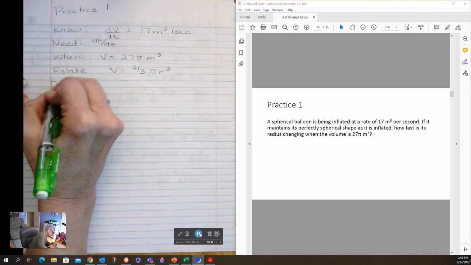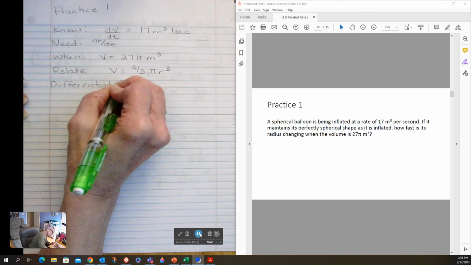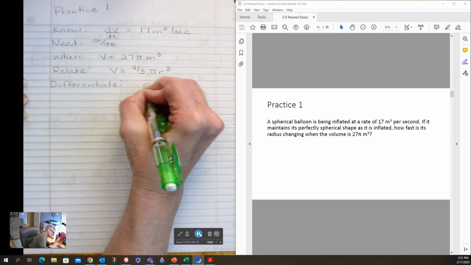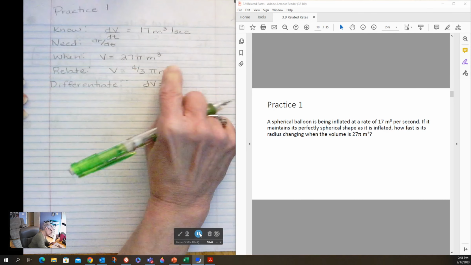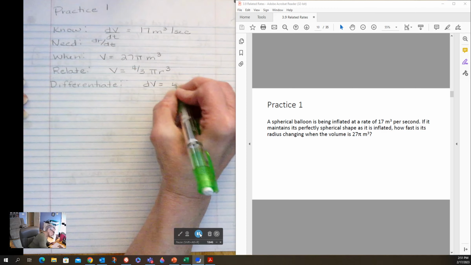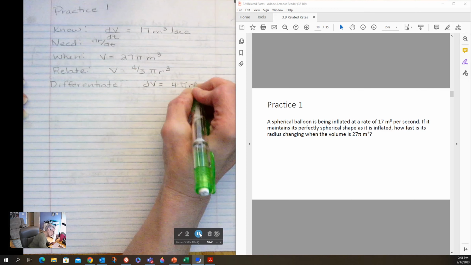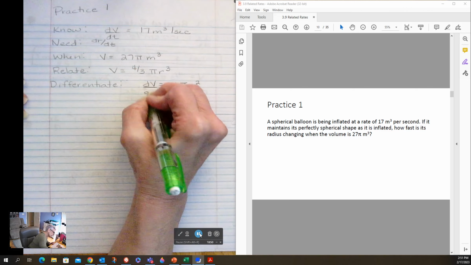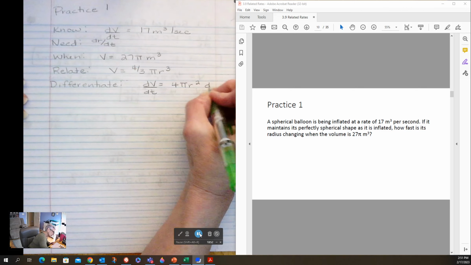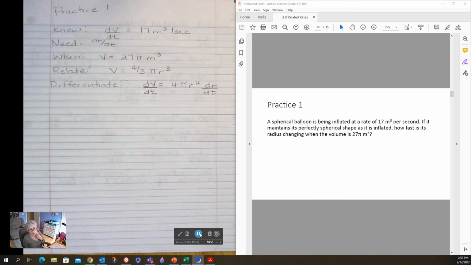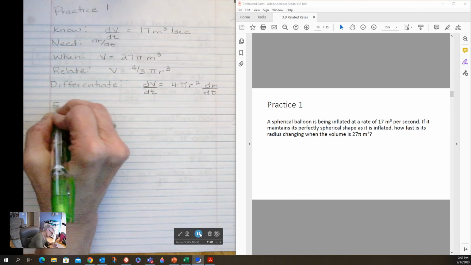You know I'm going to get tired of writing this down. dV/dt is 3 falls down, 4 pi r squared, dr/dt, because they're both changing over time. And now we have to evaluate.